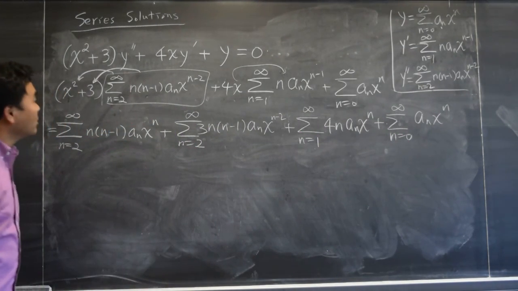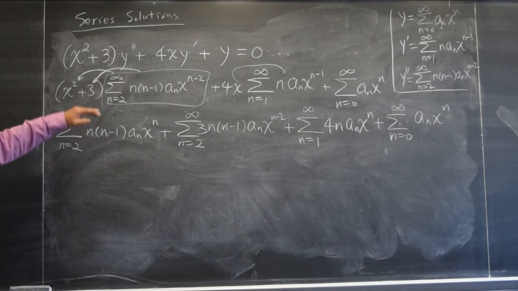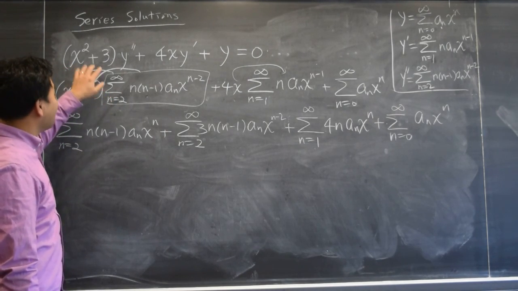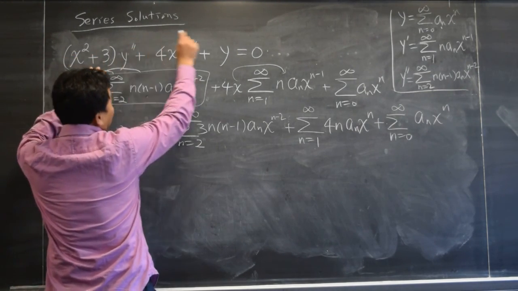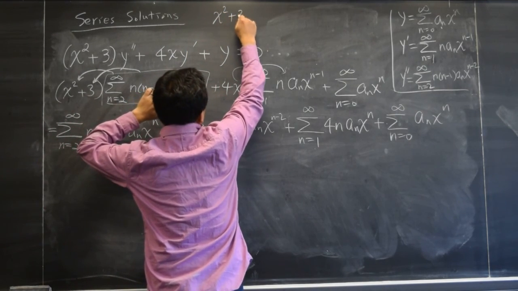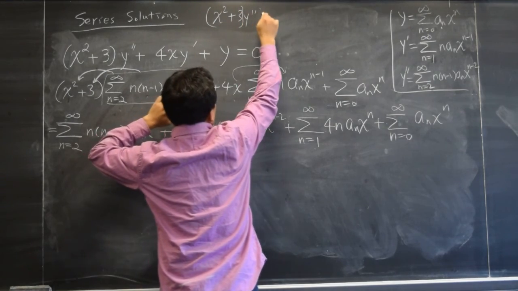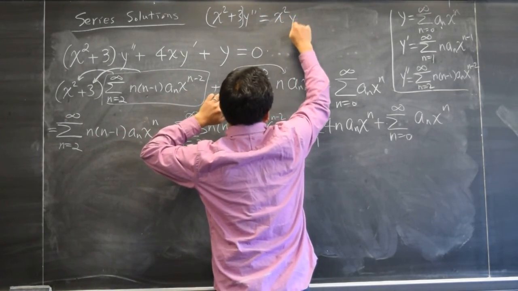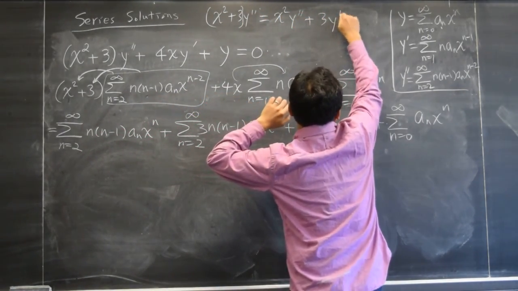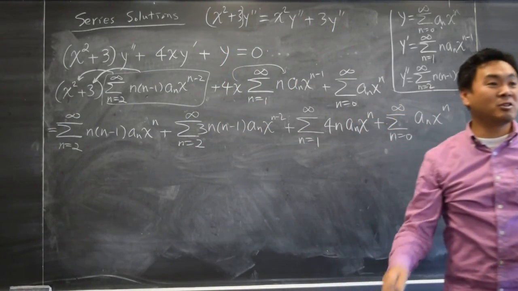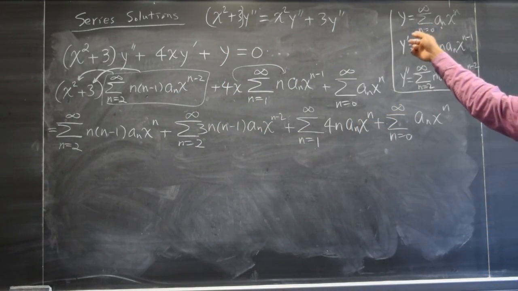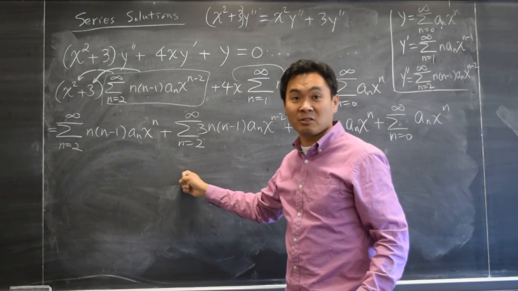Sometimes people just say, before you plug this in, replace x squared plus 3 times y double prime with x squared y double prime plus 3 times y double prime. If you do that and then plug in, you get this same thing.